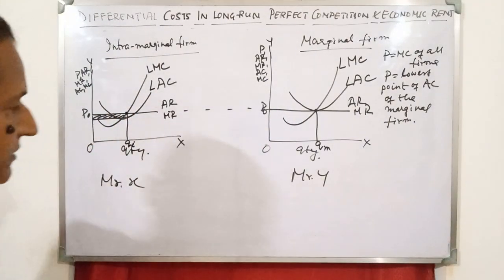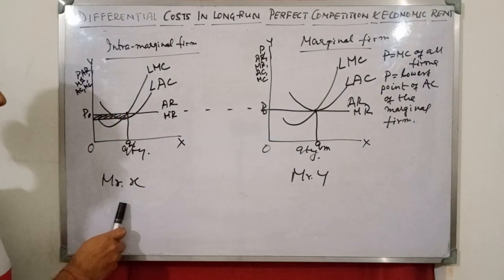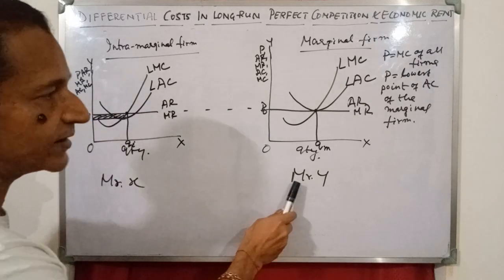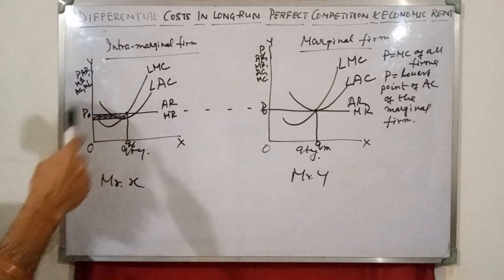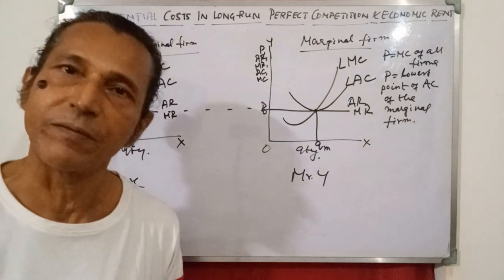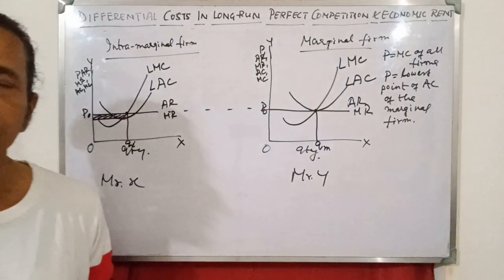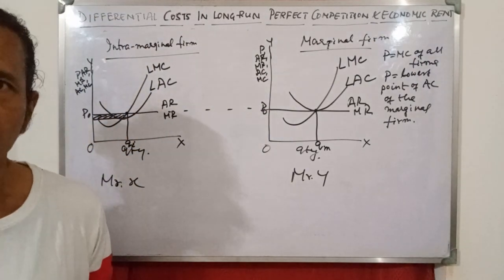The moment Mr. X's salary becomes 20,000 more than Mr. Y's salary, the supernormal profit will be wiped out. So ultimately the firm will be earning only normal profit.